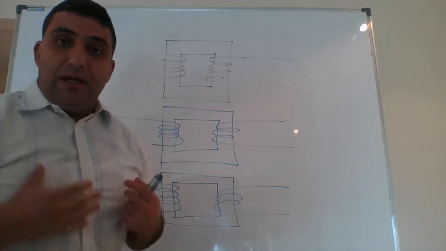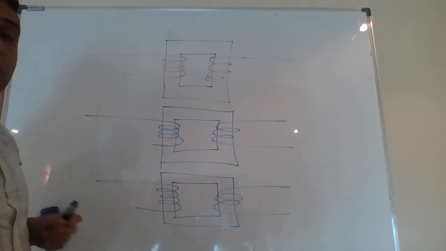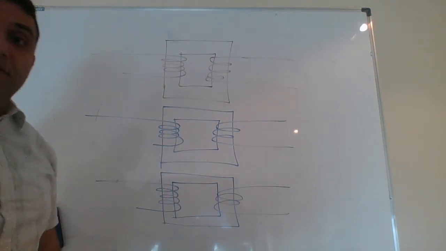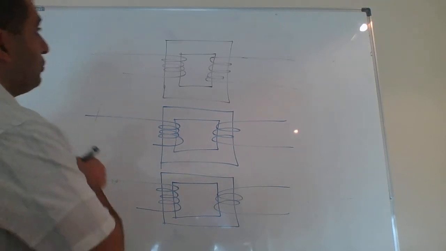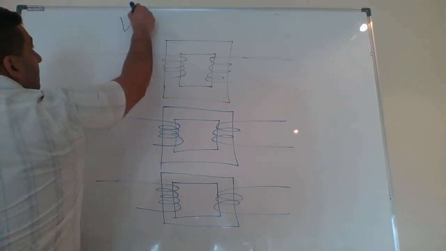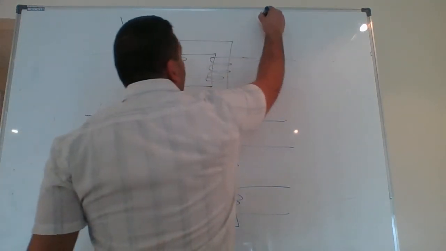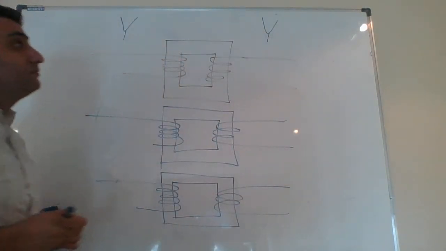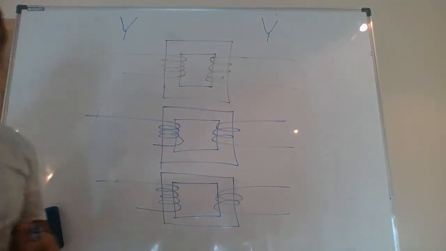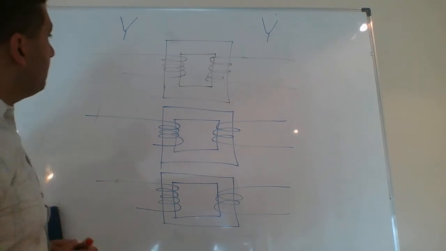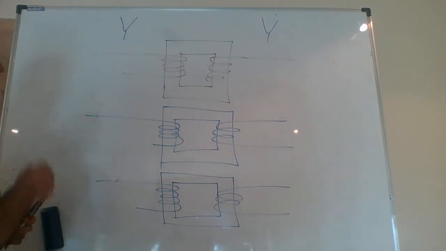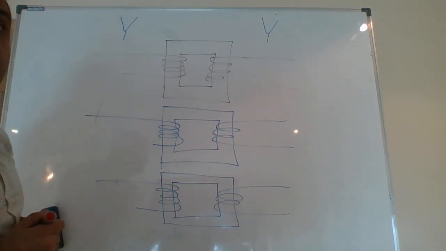Now, I'm going to connect these transformers. For the first case, I am going to connect Y on the primary, Y on the secondary. Pay attention how I do the connections. Y, how do I represent Y?